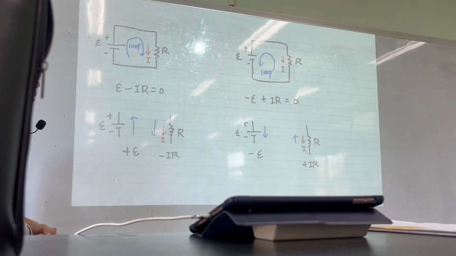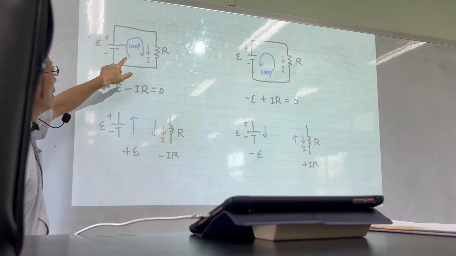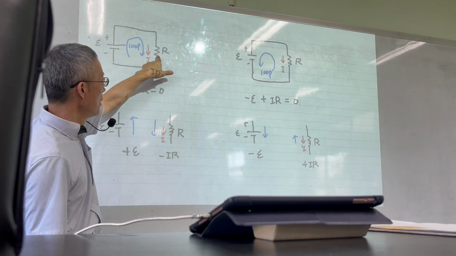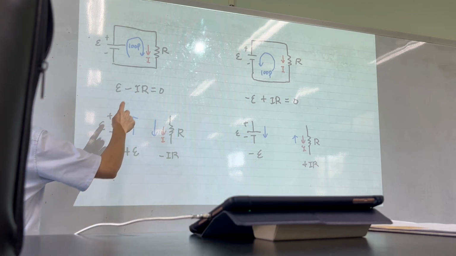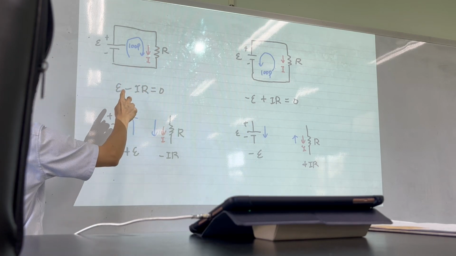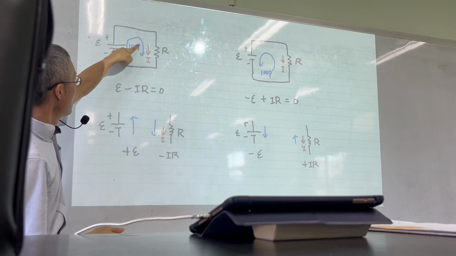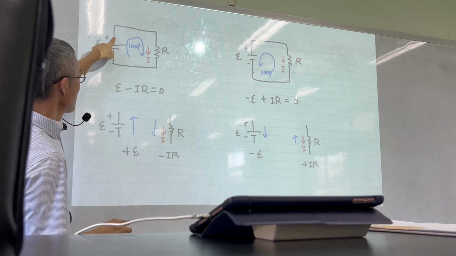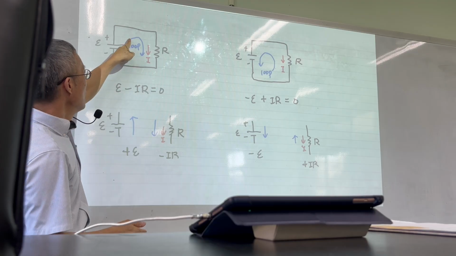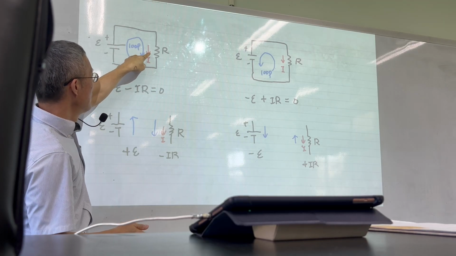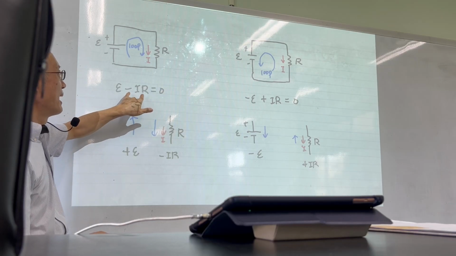Now for Kirchhoff loop rules, when the loop passes through the battery or through the resistor, how are you going to write down the potential difference? If the current direction goes this way and you decide the loop direction goes this way, for the battery, the loop direction from negative to positive, the potential difference will increase by E. Then when the loop direction is parallel to the direction of current, the potential difference will decrease by IR.